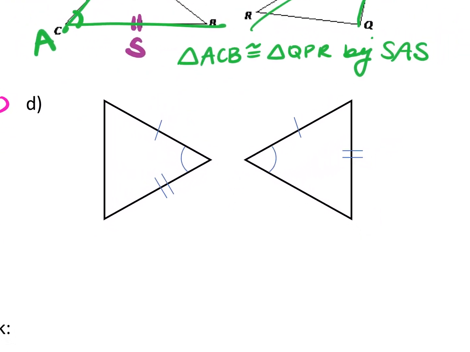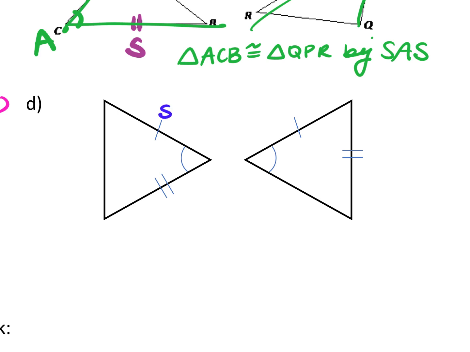Last one of these. Are these two triangles congruent? Why? SAS? No. Oh, no. It's different.